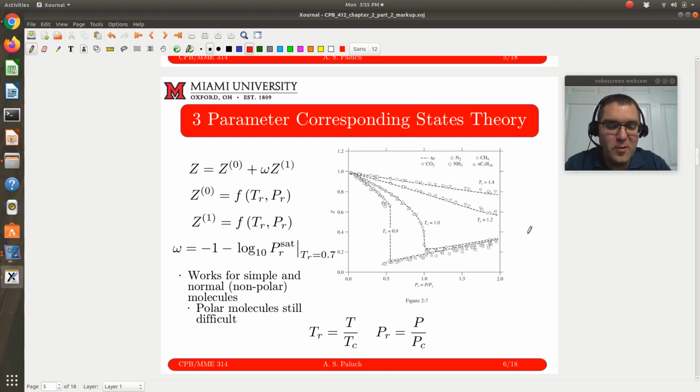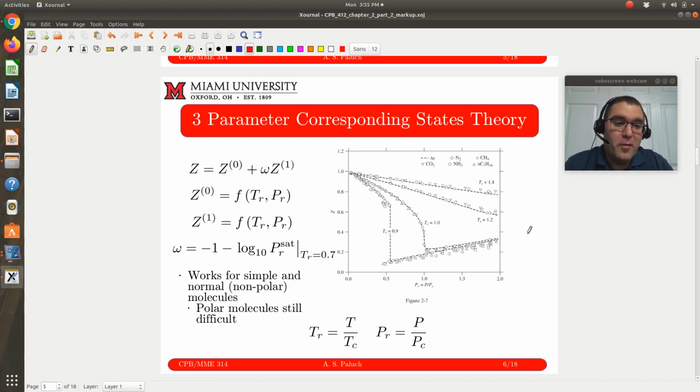Thinking in terms of the World War II era, before computers were as powerful or as common as they are, Pitzer proceeded to look at a bunch of P versus T phase diagrams. You could likewise plot those in reduced coordinates, reduced pressure versus reduced temperature. What he found is that for these simple fluids, they all seem to intersect at a common point.